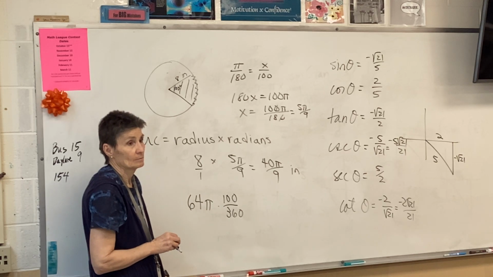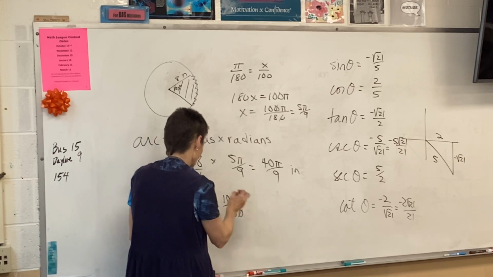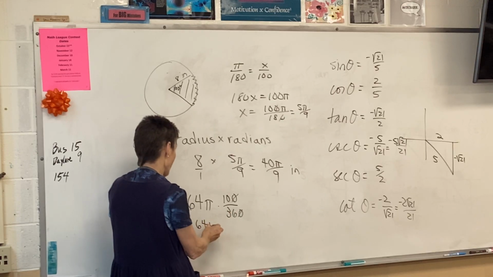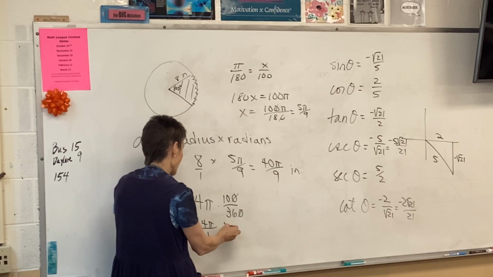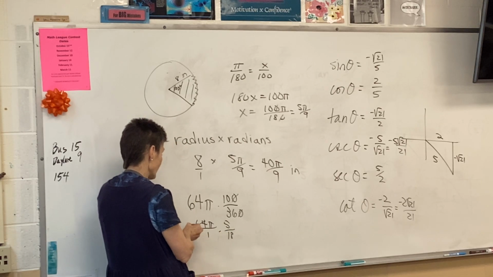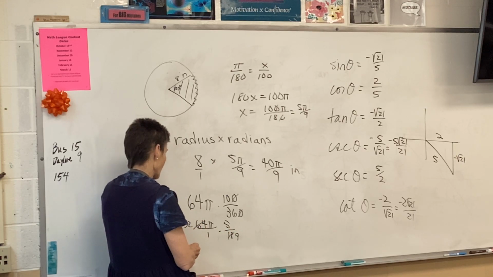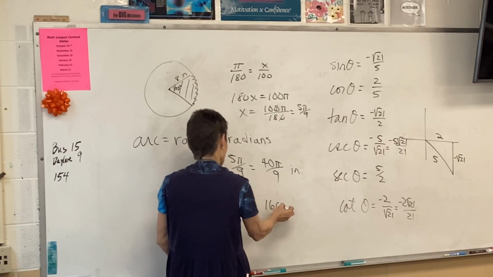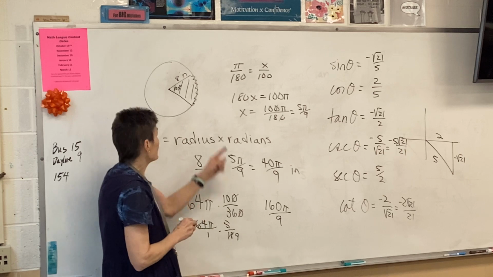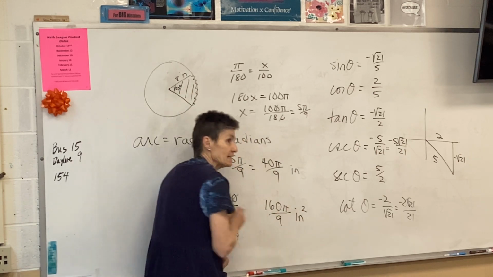So we can reduce some stuff here. I have 64 pi over 1 times 5 over 18. I think I can take 2 into here and into here. I got 160 pi over 9. And again, if that had been inches, this would be square inches, because that's an area.